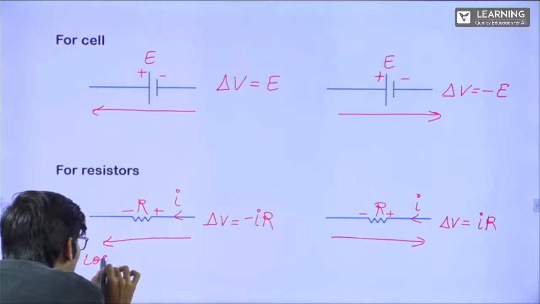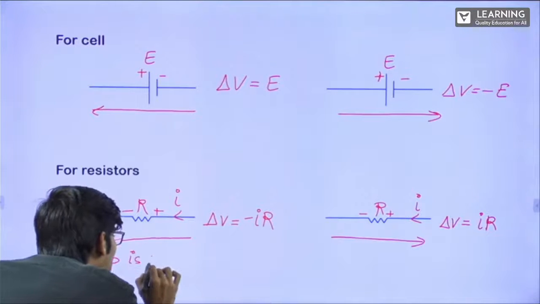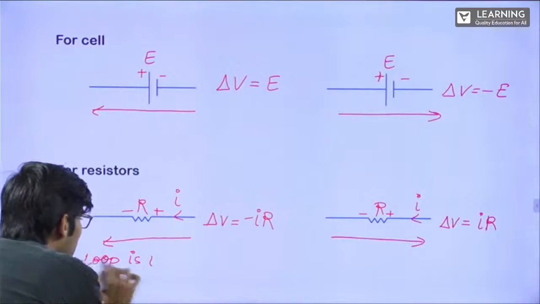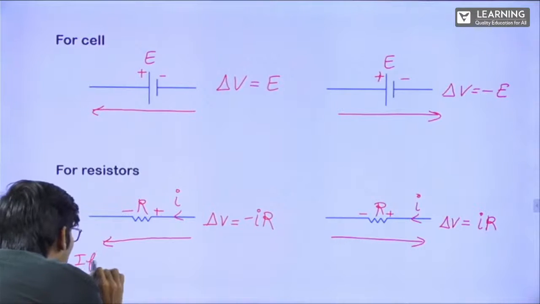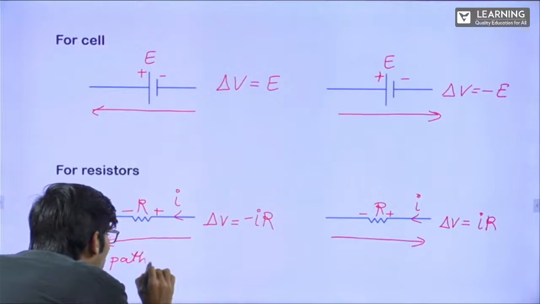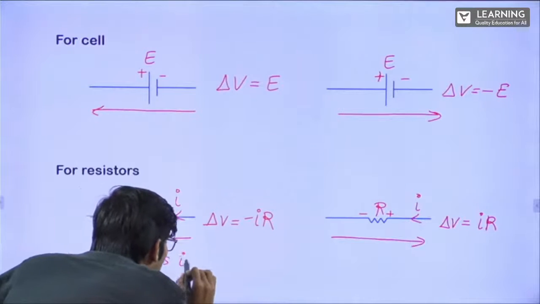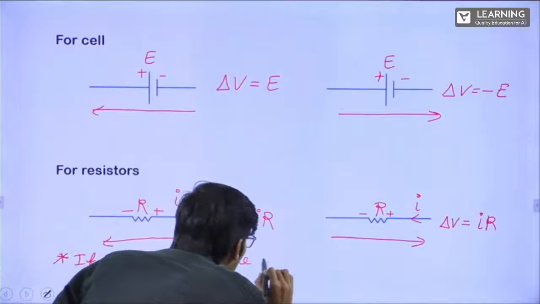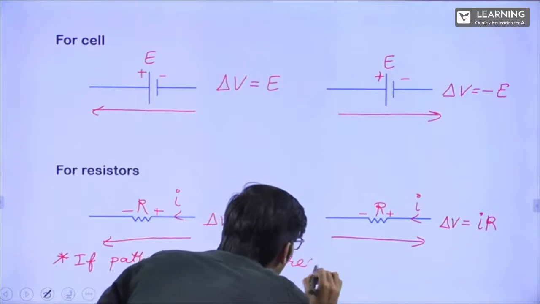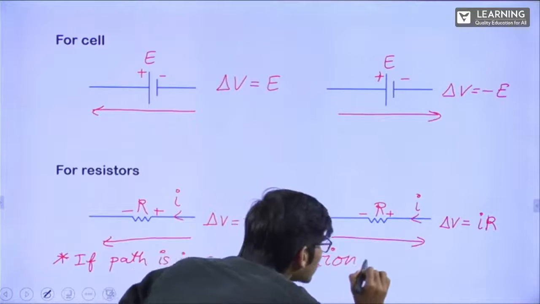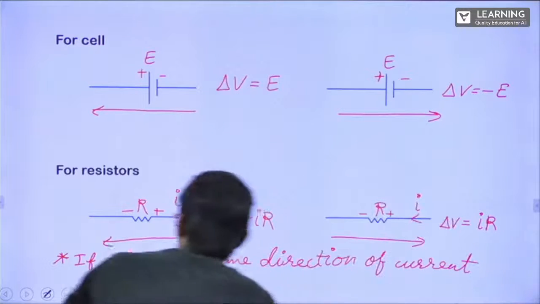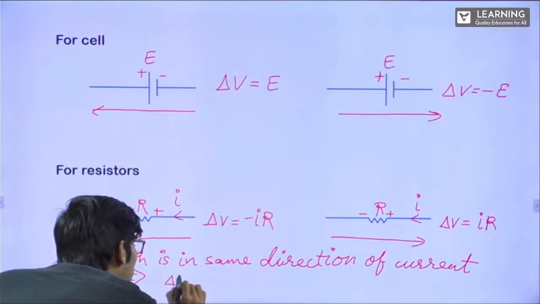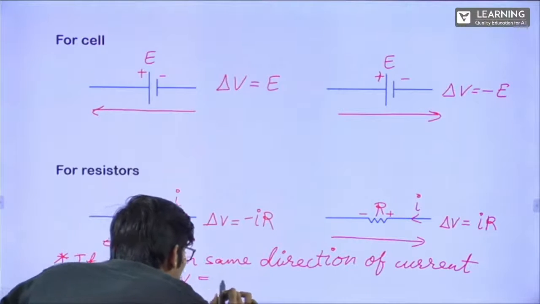If path is in same direction of current, delta V is negative.